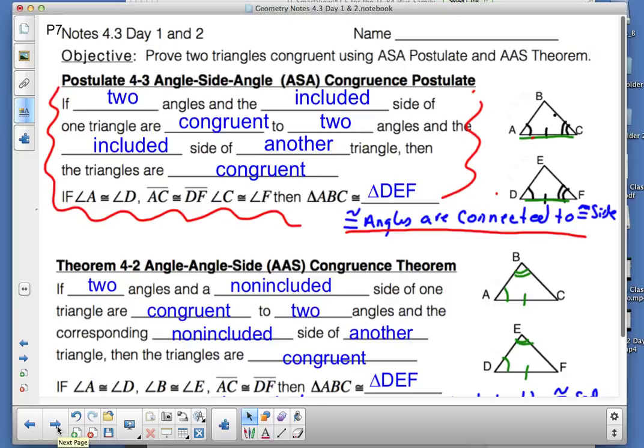If you're going to put angle, side, angle into your notes, I would put in the formation that angle, side, angle is, so you can quickly look at it and see that the congruent angles are connected to the congruent side. When I'm talking about angle, side, angle, I'm trying to shortcut them so we can connect in our heads what that really looks like. But you have to have the picture. You have to have the markings when you're doing this. It's a big deal.